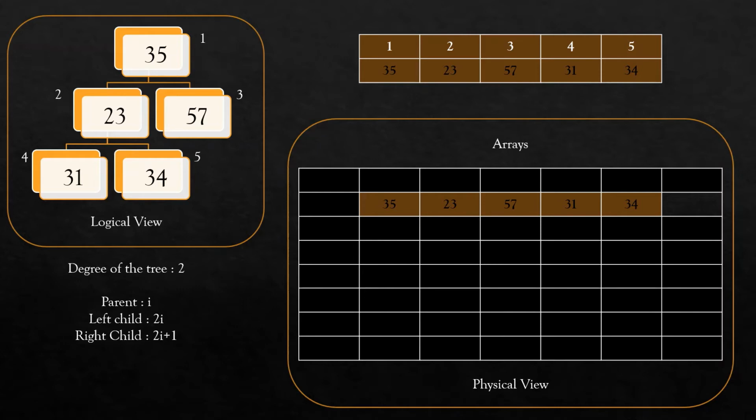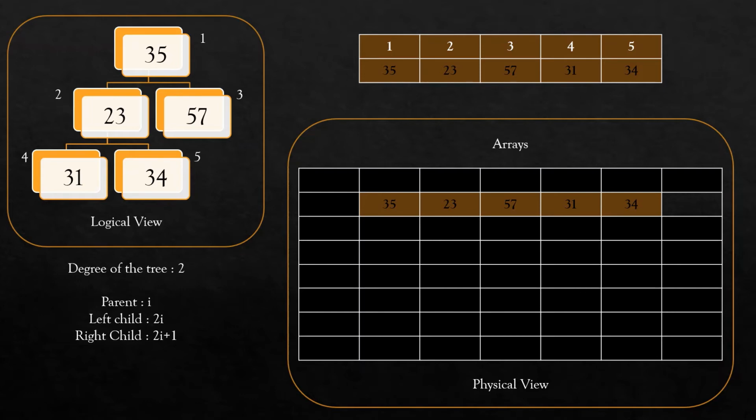Let us see how to store a tree which has a maximum of 2 children as an array. When a tree has a maximum of 2 children at any node, that is, 35 has 2 children, 23 and 57. 57 has no children. 23 again has 2 children, that is 31 and 34. That is, the maximum children a node can have is 2.